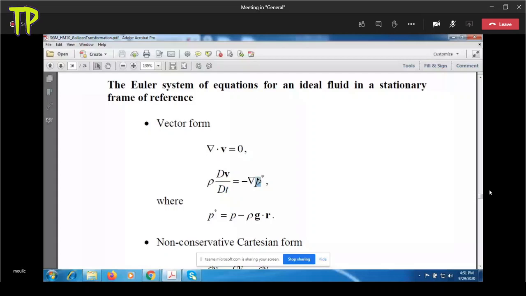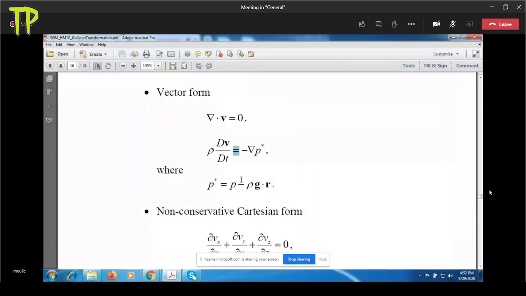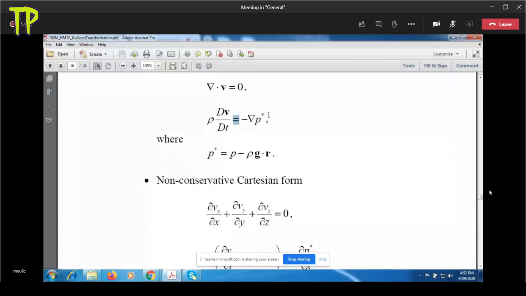Now, why have I written this first equation? Can anyone tell me? If I look at just the momentum equation, can I find the solution of the flow field? Two variables are required: the velocity vector and pressure.